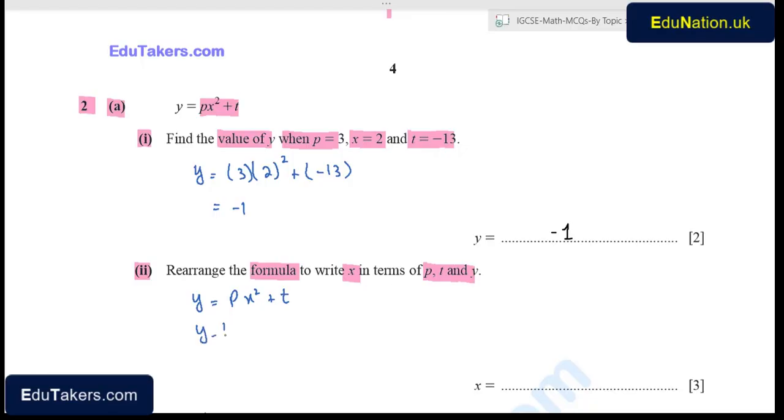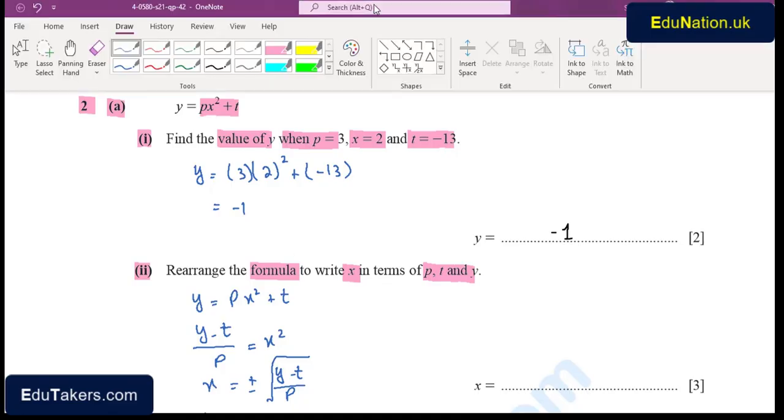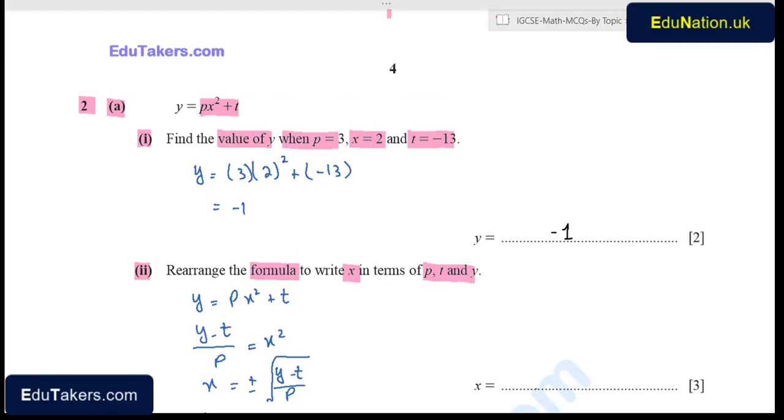Then (y minus t) over p is equal to x squared, and x is equal to plus or minus the square root of (y minus t) over p.